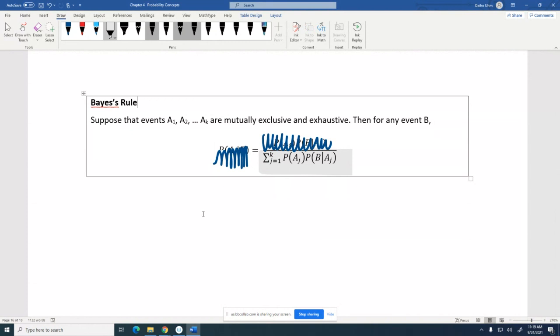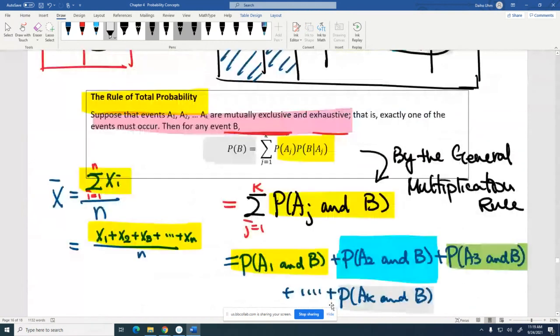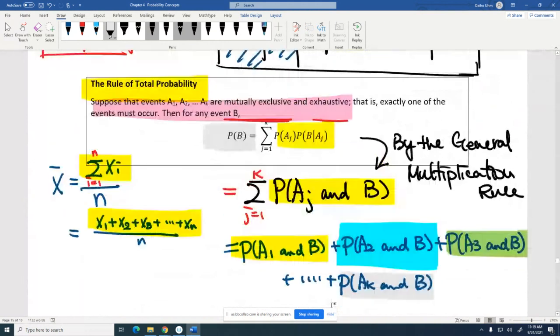Summation. Yes. What was the name of the last one? What was the previous one? The rule of the total probability. Here. It was the rule of the total probability.